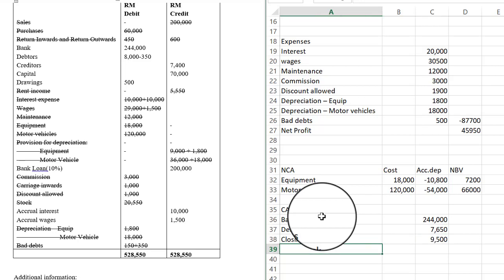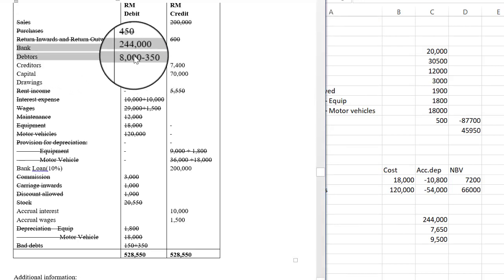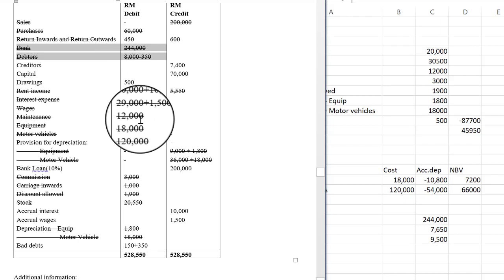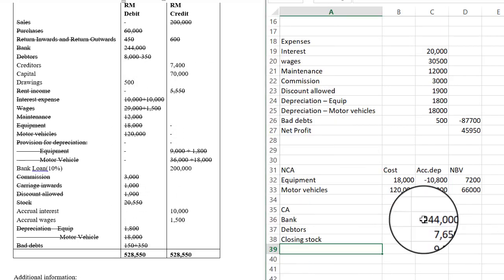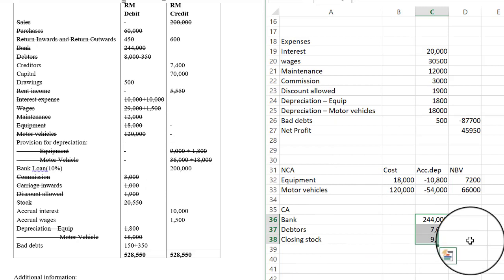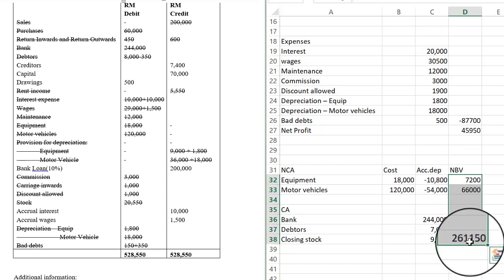So if you look at this for your current assets, now total asset will be 261,150. So look at here, you have your total asset 324,350.